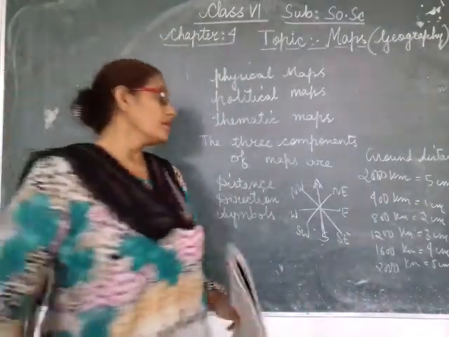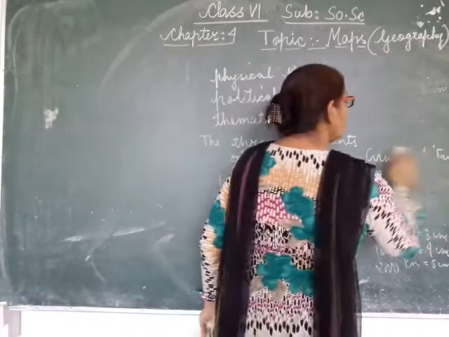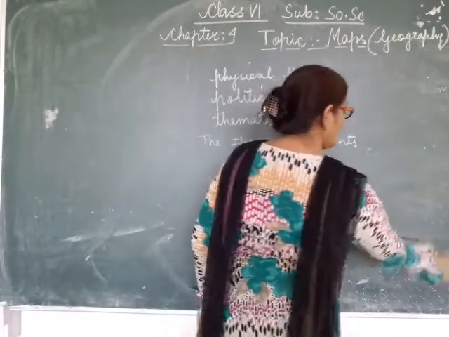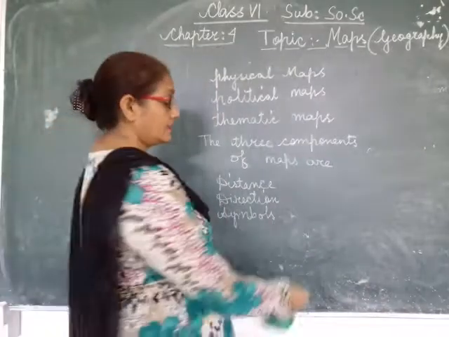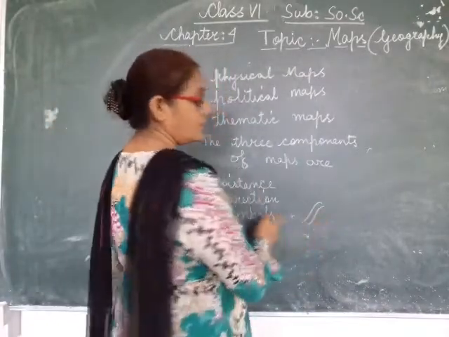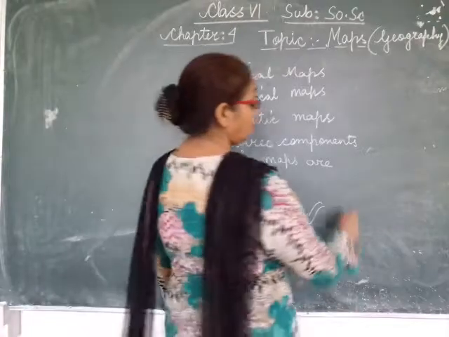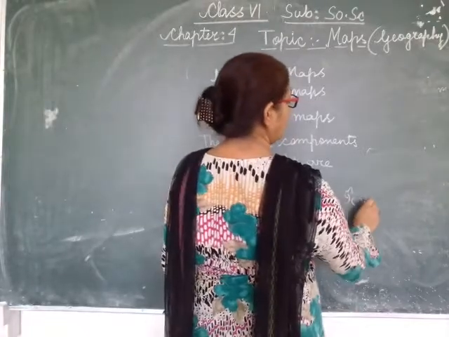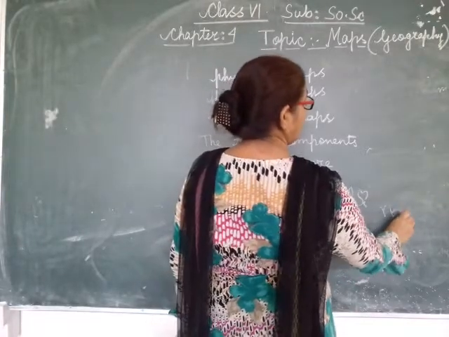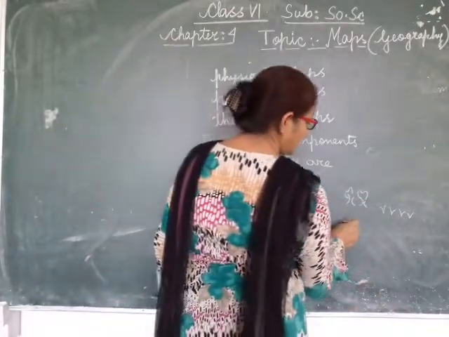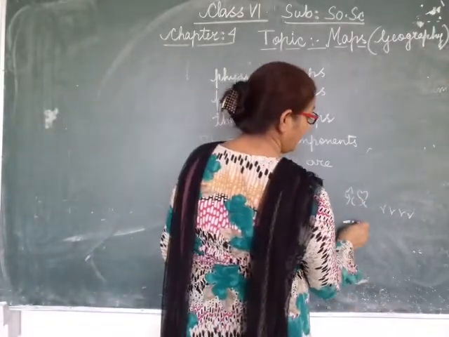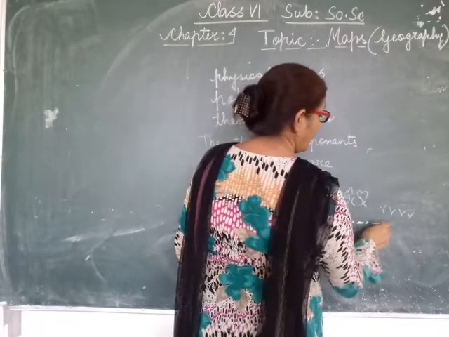Clear? Now, for rivers, you see, a river will be drawn like this. This is the symbol of the river. Then if trees are there, trees will be drawn like this. If grass is there, grass will be drawn like this. For international boundaries, one dark dash and one dot will be given, like this.